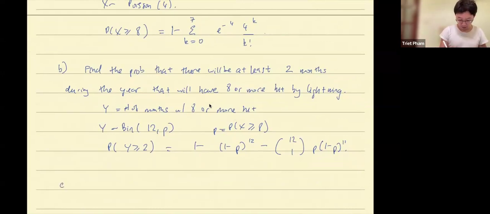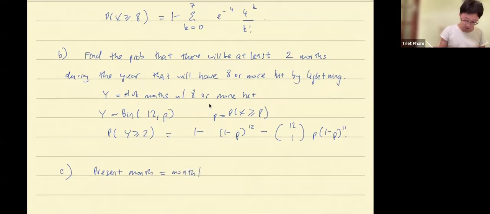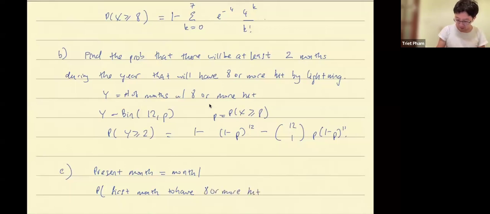Okay, so C. Well, what was it? Counting the present month as month 1, what is the probability that the first month to have 8 or more hit by lightning is month I?